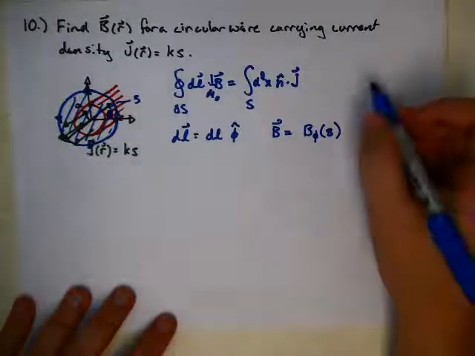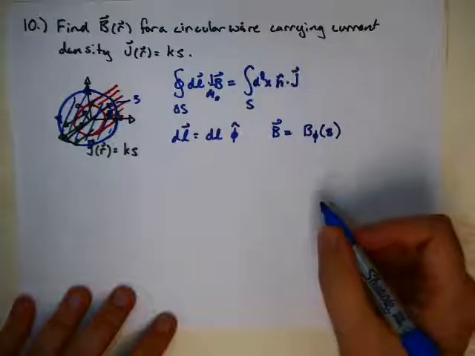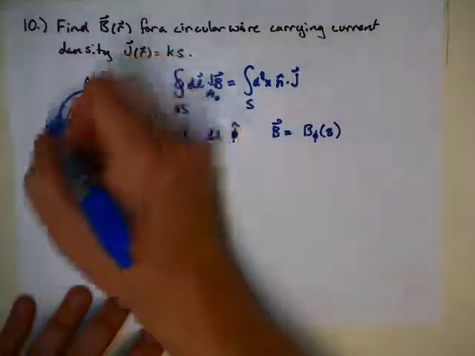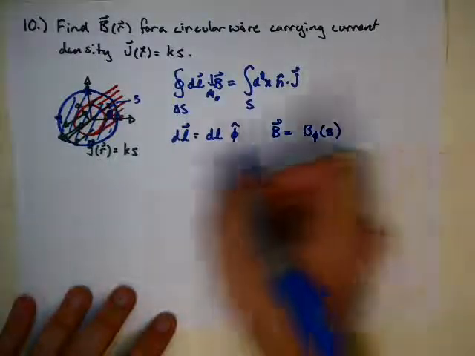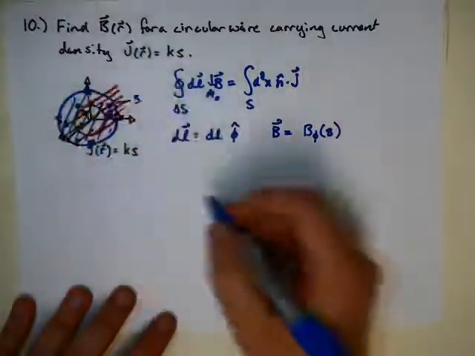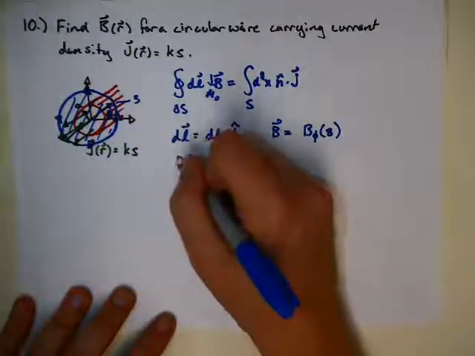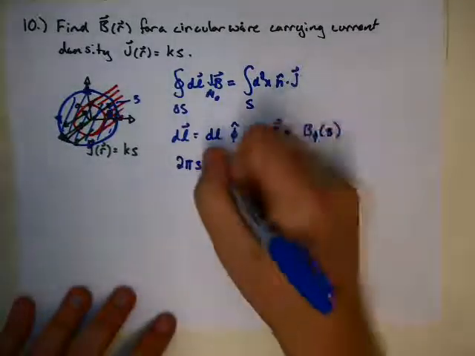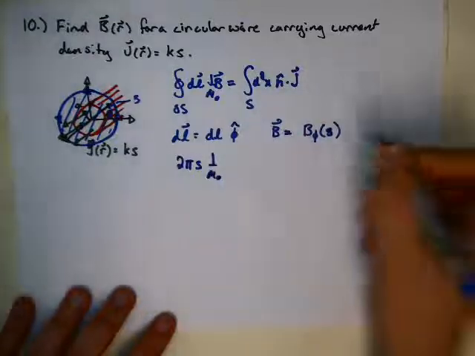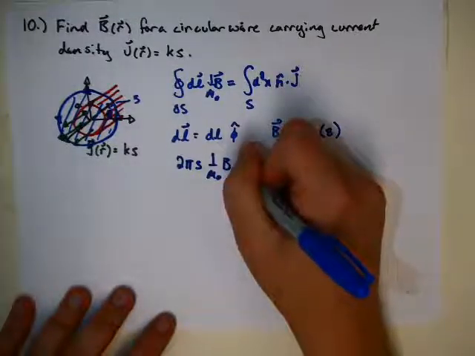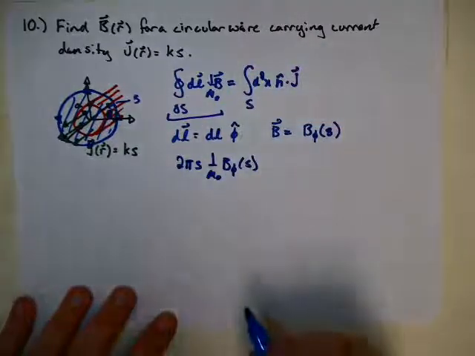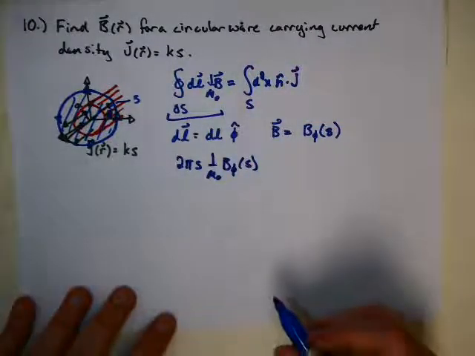So for the left-hand side, this is independent of phi, so dl is basically just an integral around phi. We get the circumference of this loop, which is 2 pi s, times 1 over mu naught times B phi as a function of s. And that is the left-hand side of the integral form of Ampere's law.